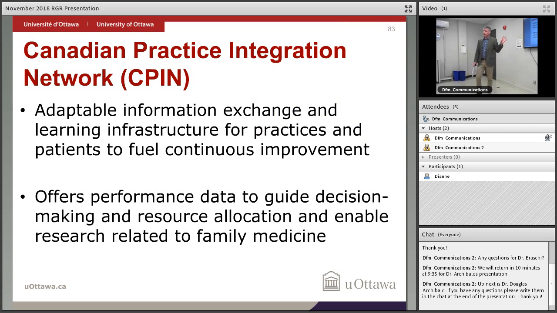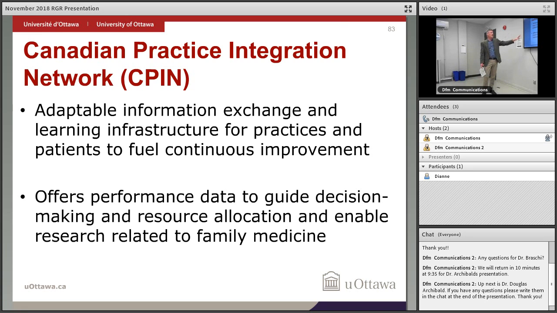But before I do, there's another project that's going on in parallel with this study with the eConsult, and that's the Canadian Practice Integration Network. Now, essentially, what this is, it's adapting information and exchange learning infrastructure for practices and patients to fuel continuous improvement.